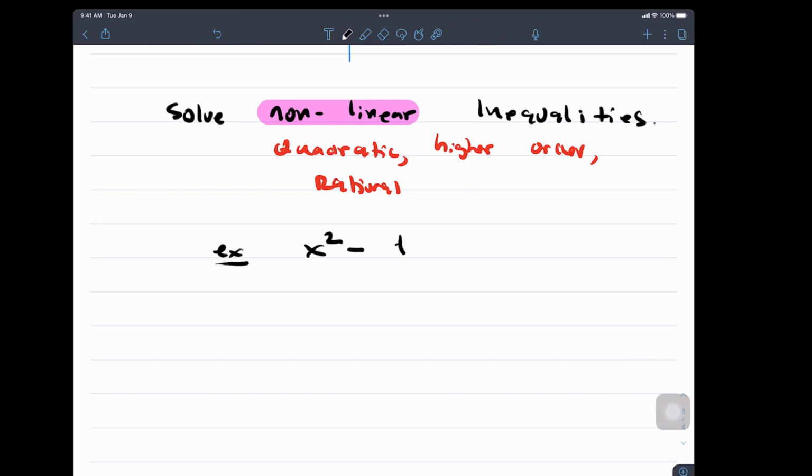Right? So if they have that x squared minus 4 now is bigger than 0.